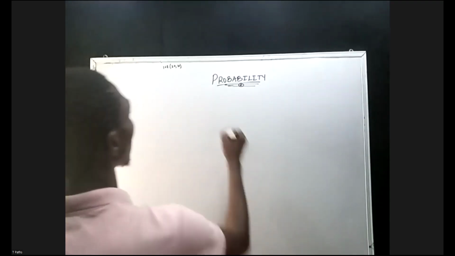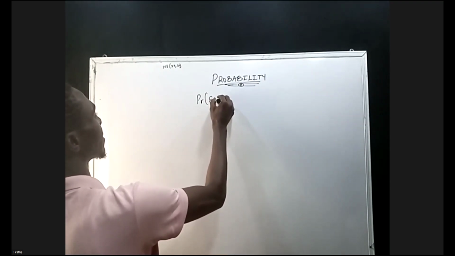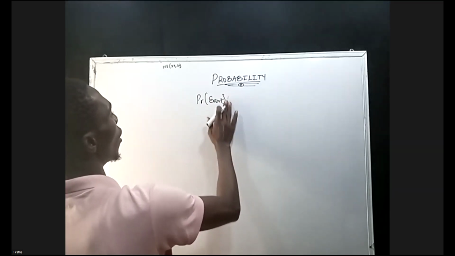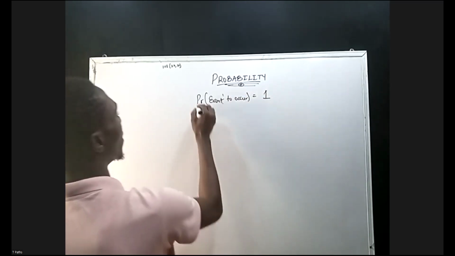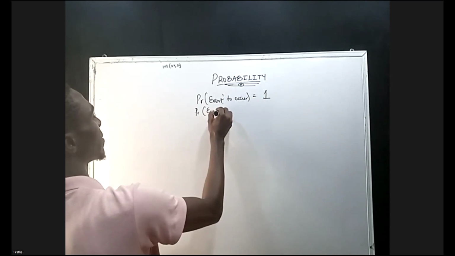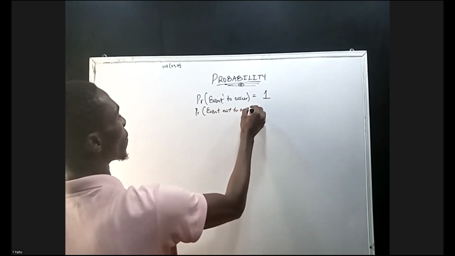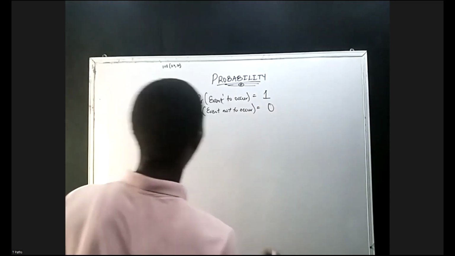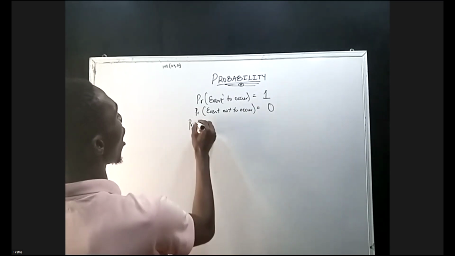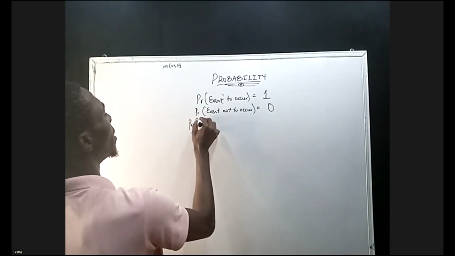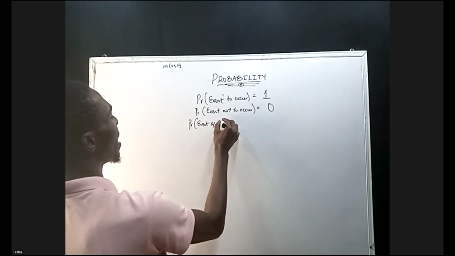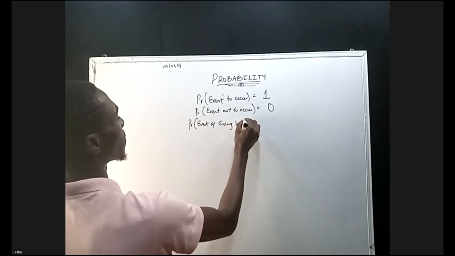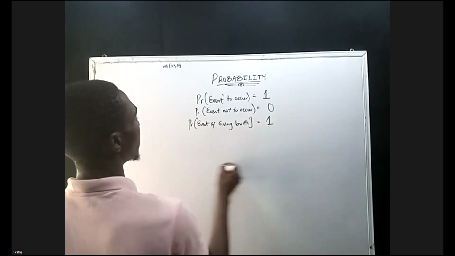Now, let's bring into play the formula that guides all this. The probability of an event to occur is 1. The probability for an event not to occur is 0. Now, the probability of the event of giving birth equals 1.